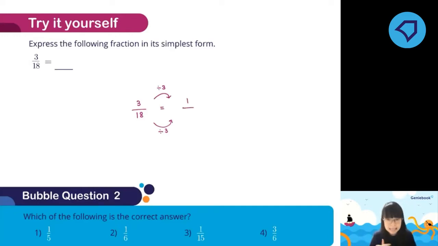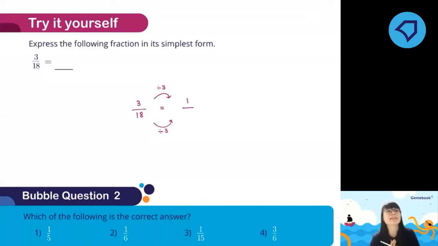What is 18 divided by 3? If you divide by 1, you notice that you will get the same answer. So the moment both numerator and denominator can only be divided by 1, means that you have already reached your simplest form. Okay, means it cannot be divided anymore.